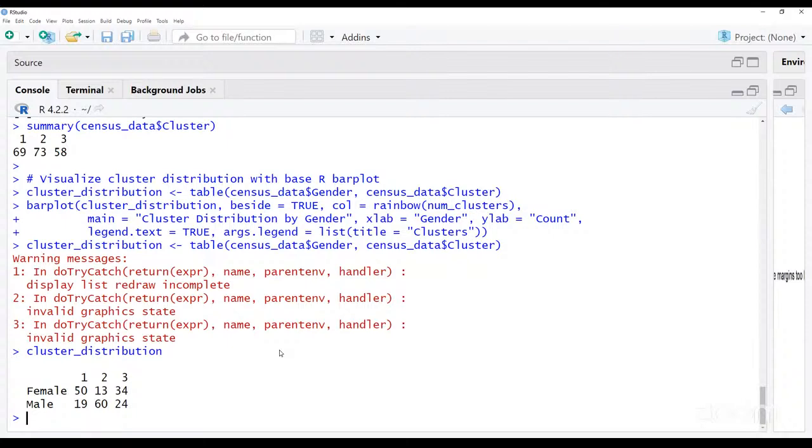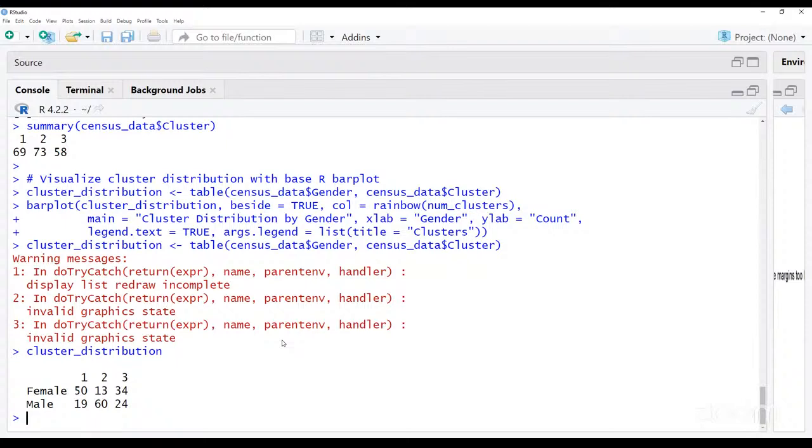Next is the bar plot, where the cluster distribution is there. It is written beside equal to true, that means there will be no space. Column, so color is the rainbow.